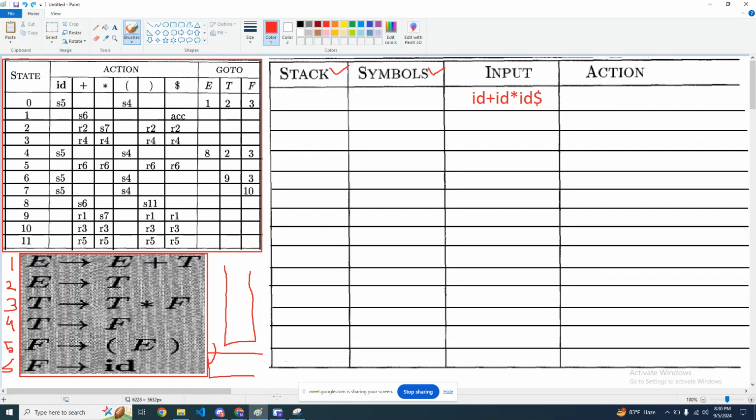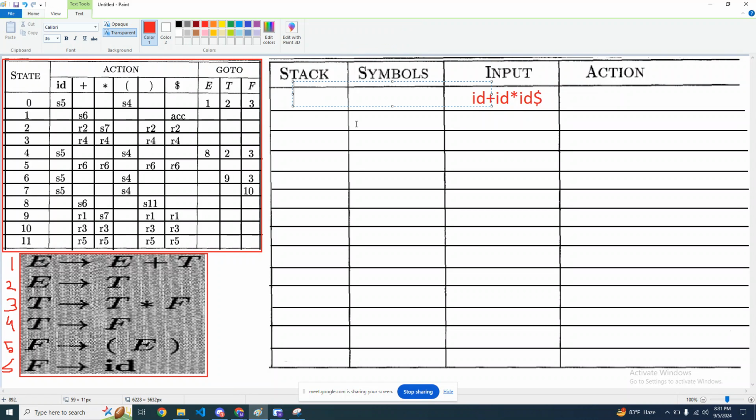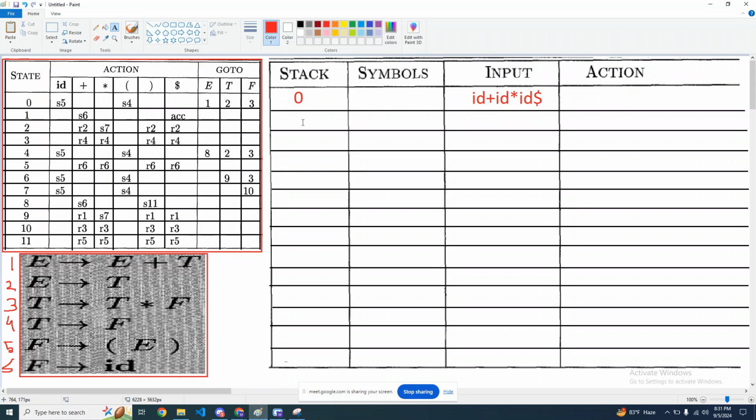Okay. So in your stack, the first state 0 should be here. So your stack should have state 0 because this is the starting state of the table. So the starting state of the table should be at the top of the stack. Okay. So if you consider this as stack, right? So this is basically the top of the stack. It should have 0. Okay.